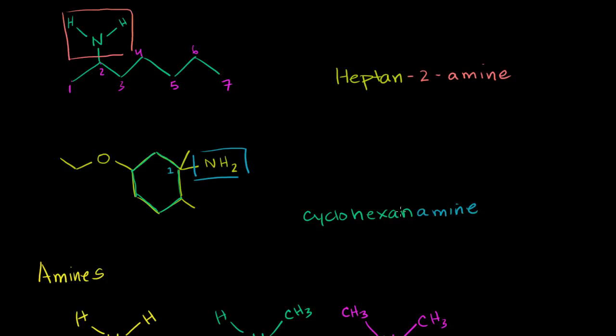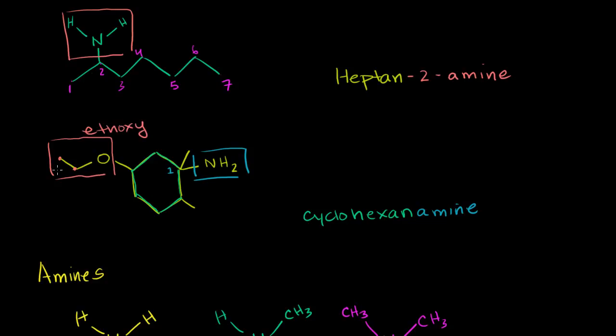If it's written like this, you assume that the 1 carbon is where the amine group is attached. Now, what else do we have on this thing? We took care of the amine and the cycle. Well, we have this ether right here, and this ether has 2 carbons. If it was just a 2-carbon chain, it would be ethane, but since it's bonded to this oxygen, we call this ethoxy.